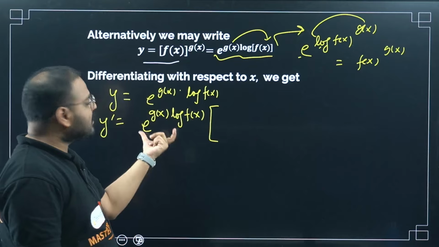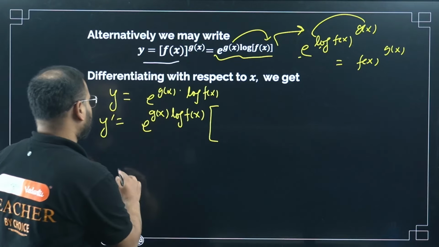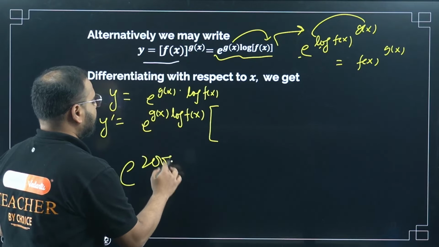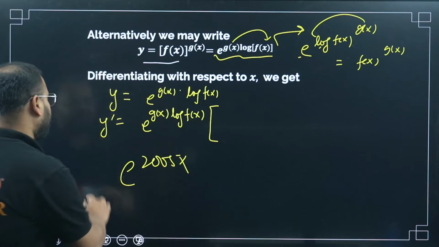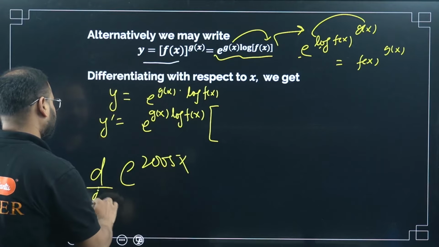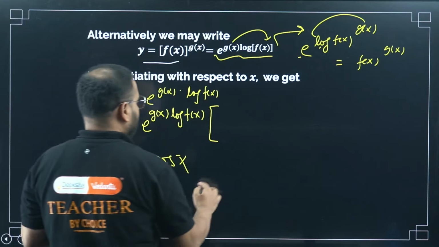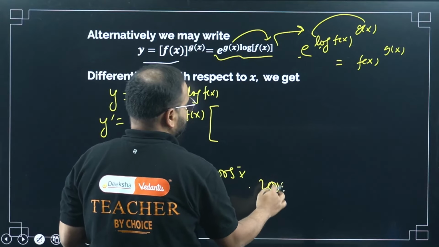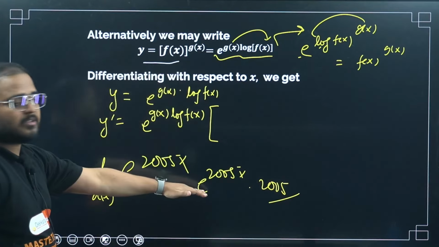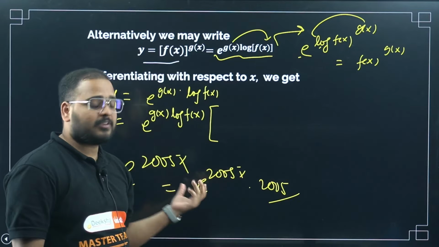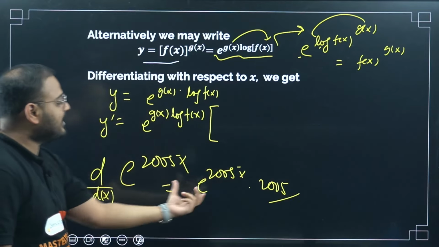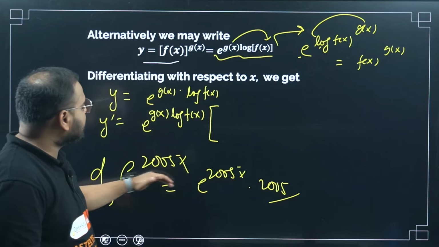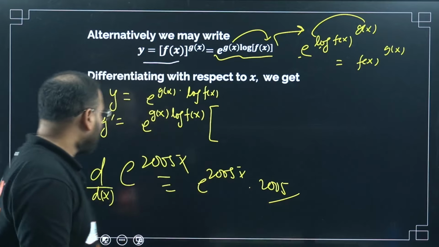Let's say I have e power 2005x. Differentiate it. What will happen? This will come as e power 2005x times 2005. Whatever is in the exponent, the same exponential form will come as it is. Then you will differentiate using the chain rule. I hope this is clear.